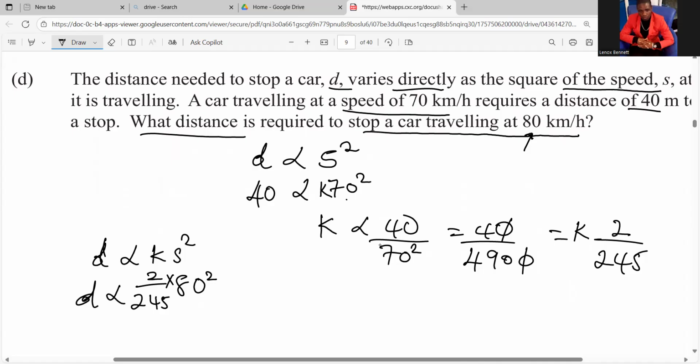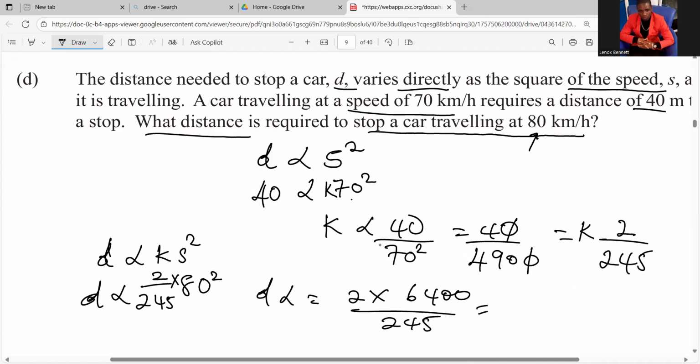So let me just work it out the long way. D equals 2 times 80 squared, and 80 squared is 6,400, so 6,400 times 2 is 12,800 divided by 245.